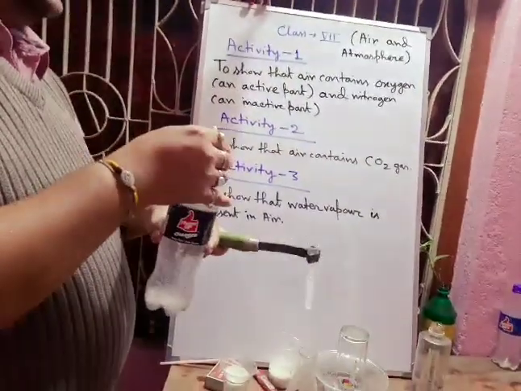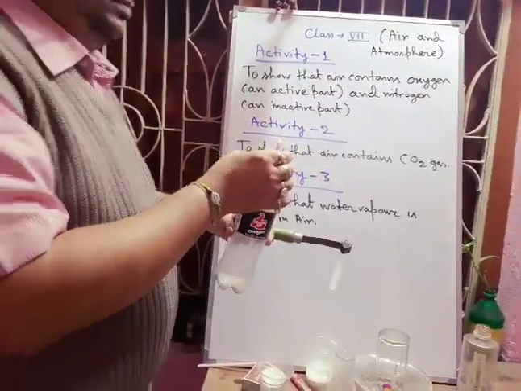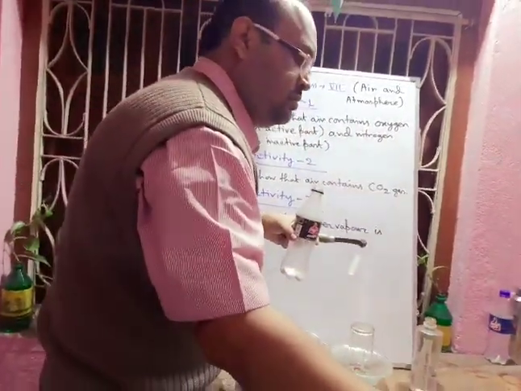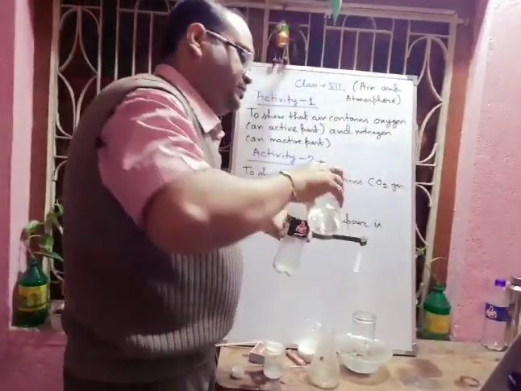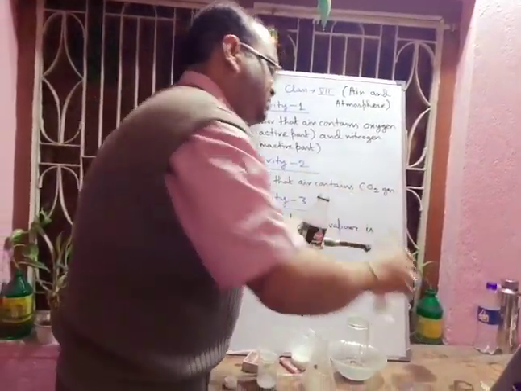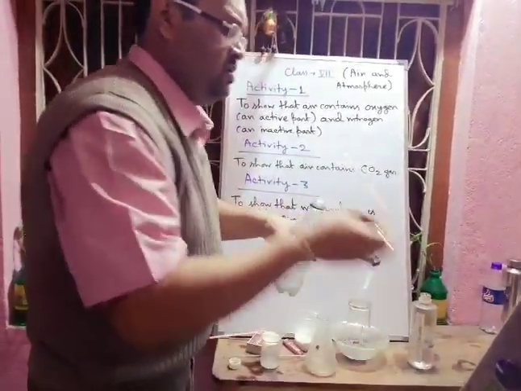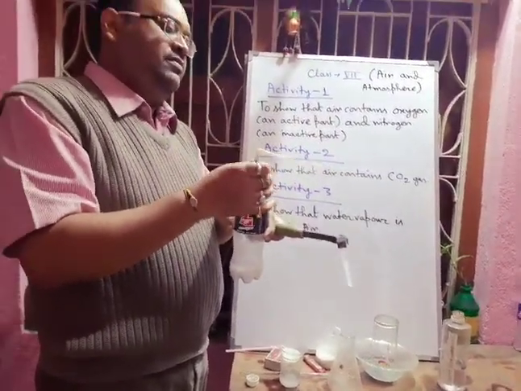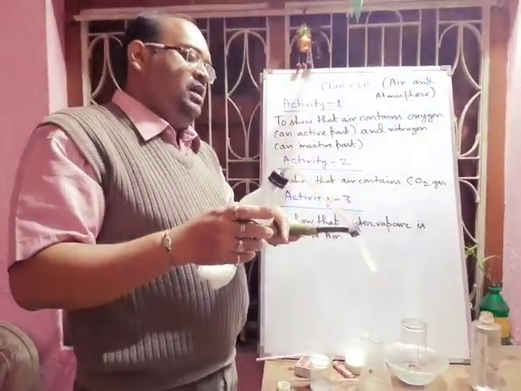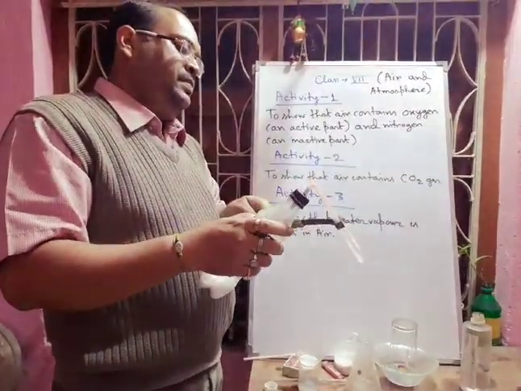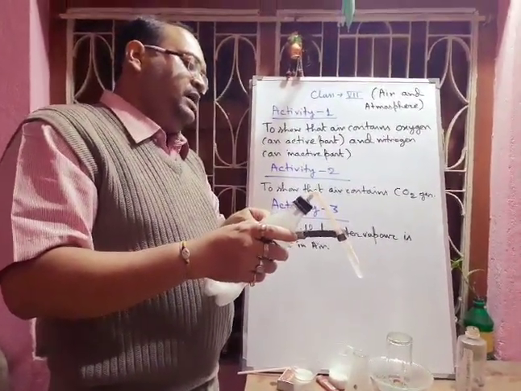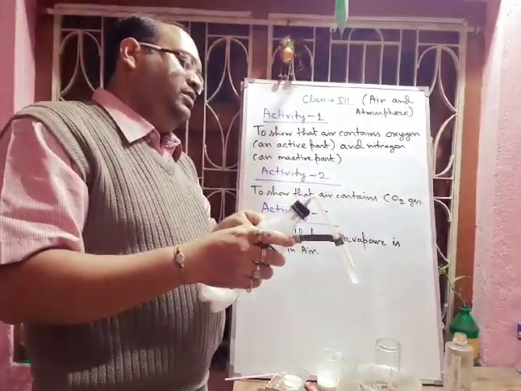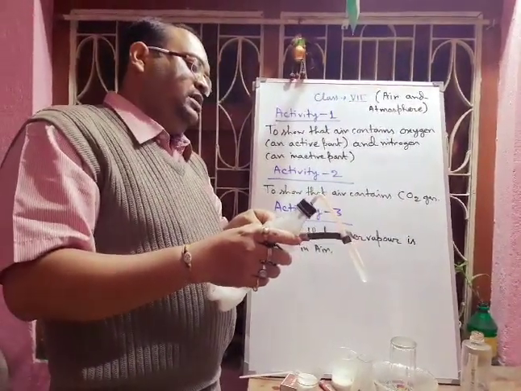Again, I have to add some acid. Now calcium carbonate already formed, and again it is reacting with carbon dioxide and water, forming calcium bicarbonate.